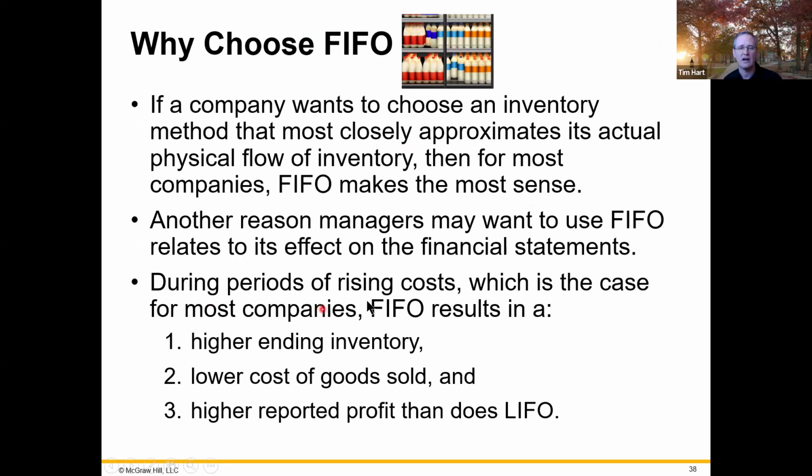During a period of rising costs, as we saw with Mario, went from 7 to 9 to 11, FIFO results in higher ending inventory and a lower cost of goods sold because the older stuff that cost less was sold. A lower cost of goods sold results in a higher profit, right? If the cost of the goods sold is lower, sold at whatever price, then it indicates a larger profit. Okay, so those are some reasons to choose FIFO.